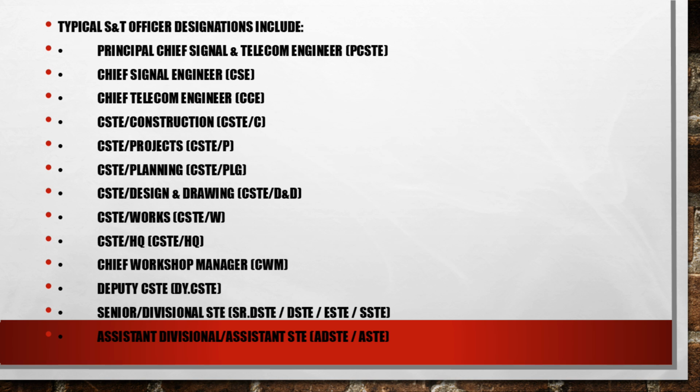At the divisional level, we have Senior DSTE, DSTE, ESTE, SSTE, and at the junior level, ADSTE or ASTE. These designations may vary slightly depending on whether the officer is posted in open line, construction, project, or headquarters.